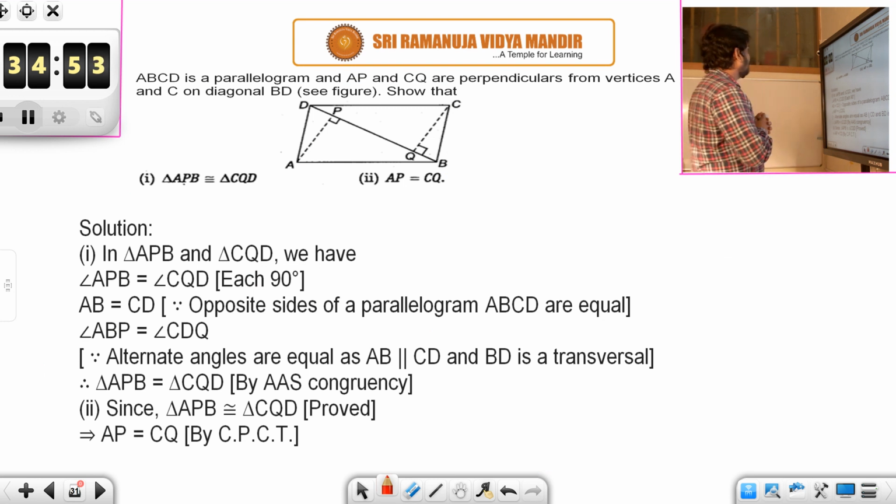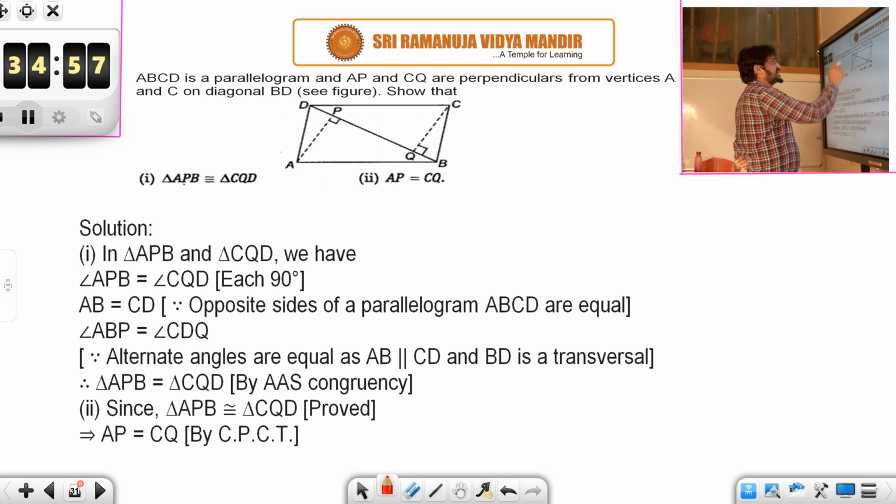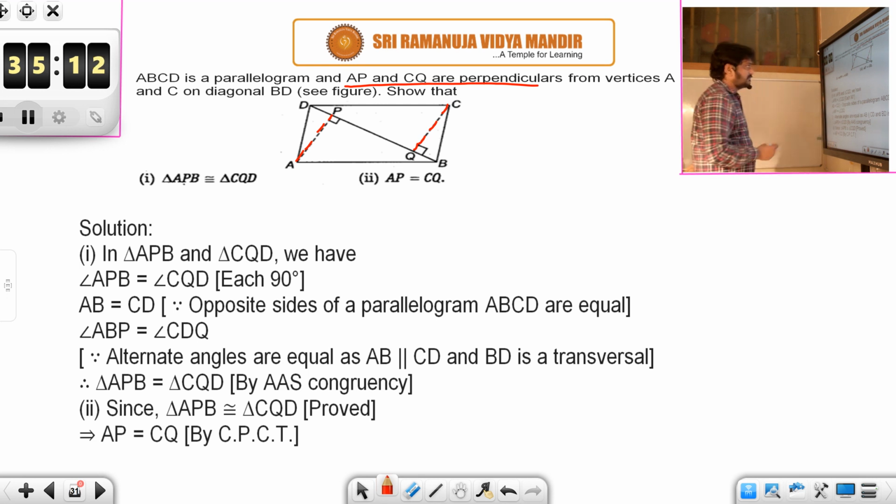Now, given that ABCD is a parallelogram, and AP and CQ are perpendiculars from vertices A and C on the diagonal BD.